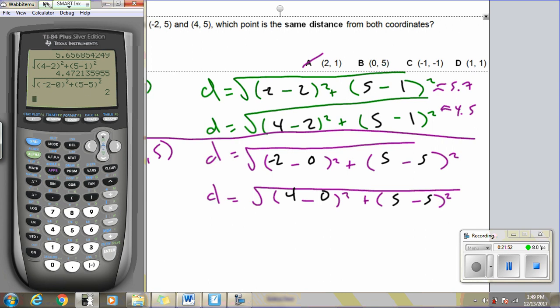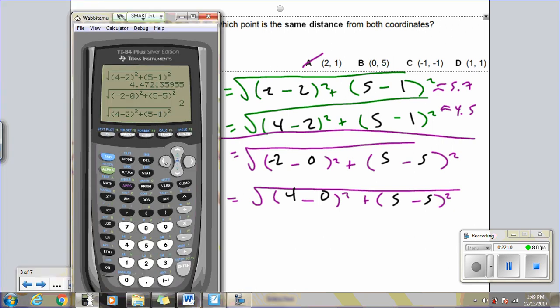Now I'm going to copy that one again. Nah, since that negative's there, I'm going to copy this one. And again, change the second number only. So this is a 0, and this is a 5.